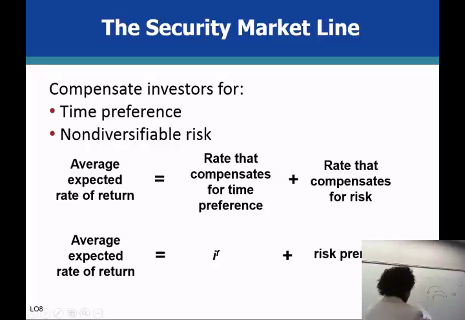Asset prices decrease, our rate of return increases, but we also have to say this: as risk increases, our average rate of return will also increase. So they are positively related. What do I mean by that?